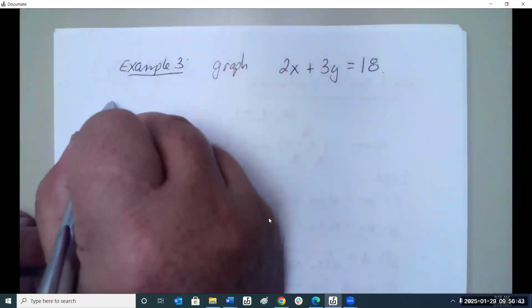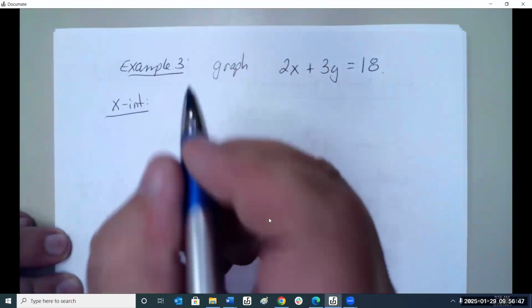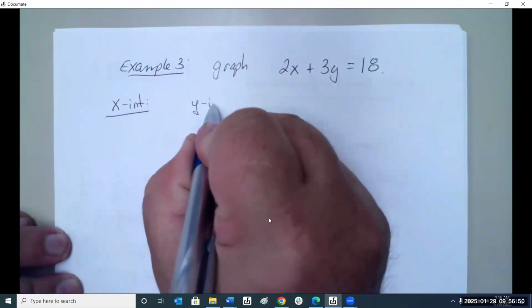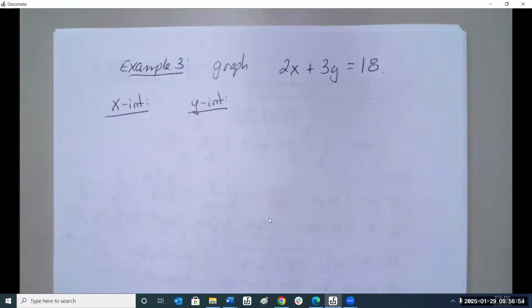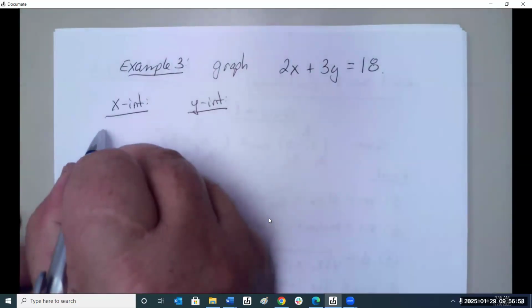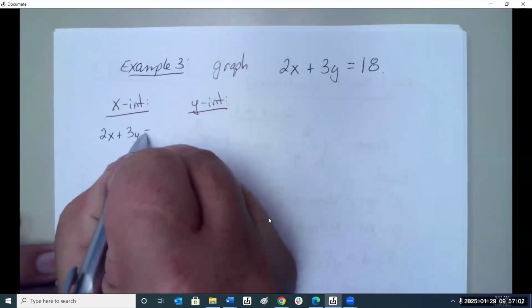So the first thing we're going to try to find the x-intercept. And then we'll try to find the y-intercept. Because if we can find those, then it's an easy graph for us. So we have 2x plus 3y equals 18.